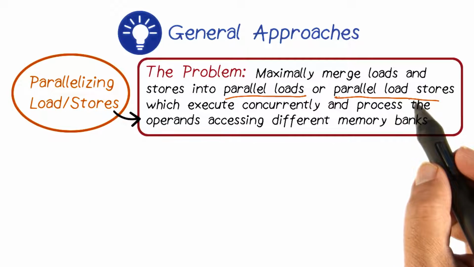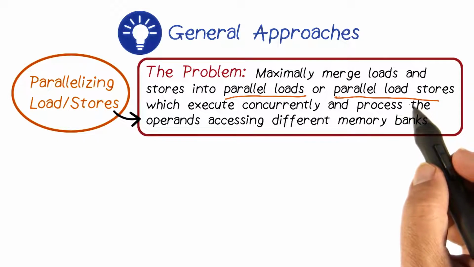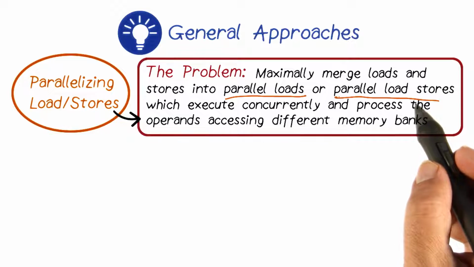Remember, if we execute the load stores or loads sequentially, let's say we have 2 operands and we try to execute them one after the other, then the latency is going to add up. By doing these parallel loads, we are going to actually get the operands as quickly as we can, and we'll be able to process them in the ALUs. So this is the problem of how to maximally merge loads so that they are most efficient and executed in parallel.